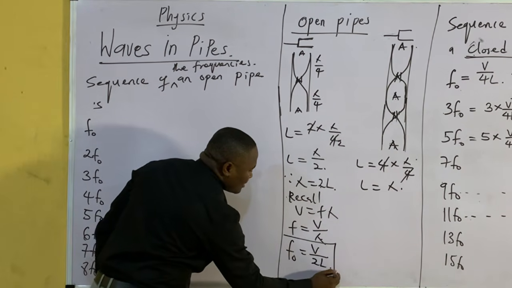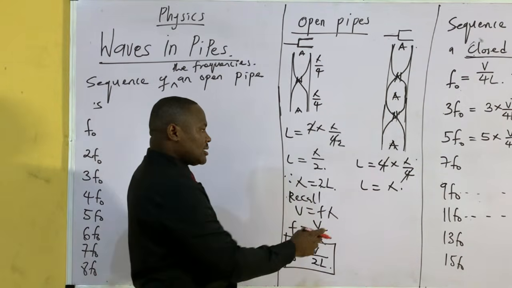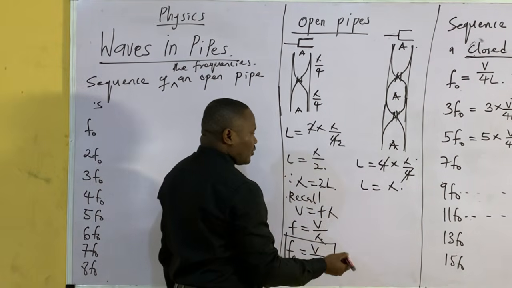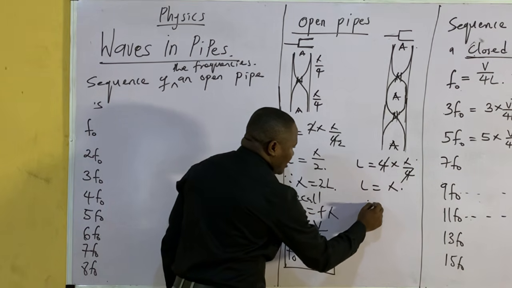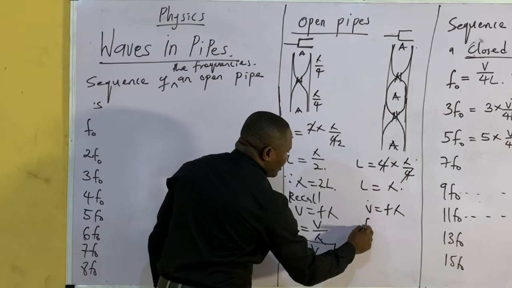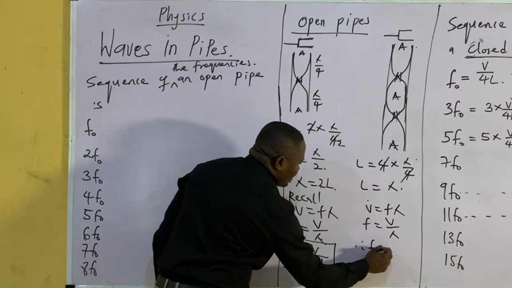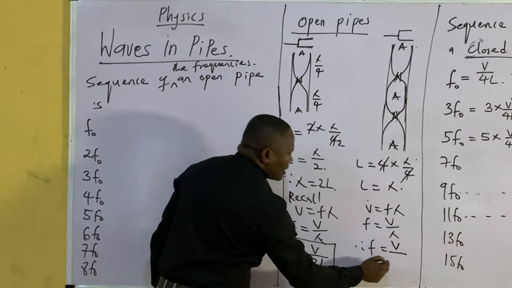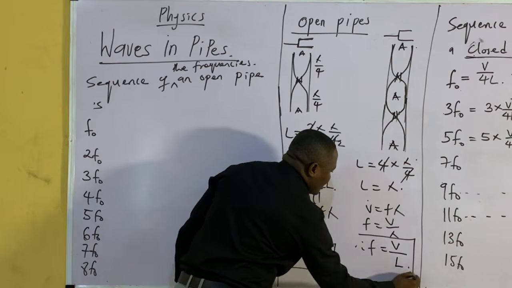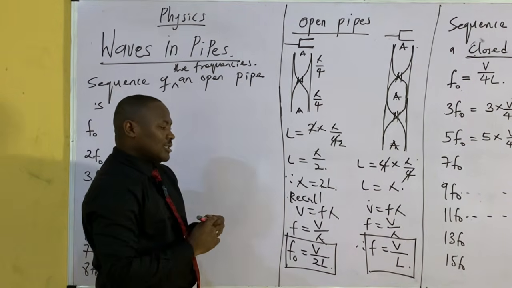This is the first fundamental frequency. But for this case, what will you now have? We now have V equals F lambda, F equals V over lambda. Therefore, F is equal to V over L. This is the second frequency for this case.